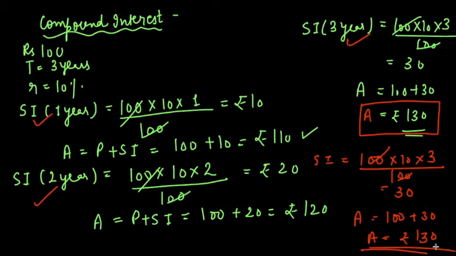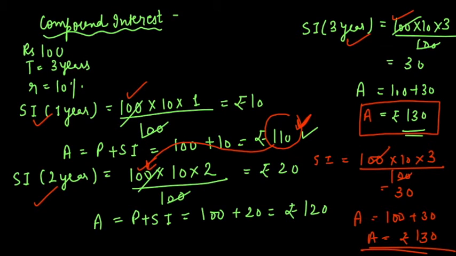But in compound interest, things are a little complicated. What was happening here? Principal was not changing. We have used the same principal in every year. Rather, in compound interest, what happens? The amount of the previous year becomes the principal for the next year. I repeat, the amount which you will be calculating in 1 year becomes the principal of the second year.